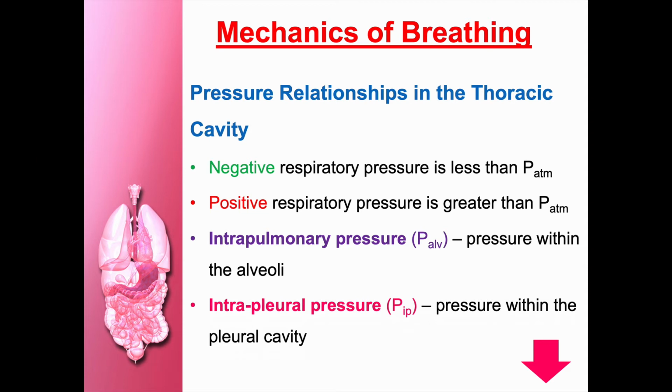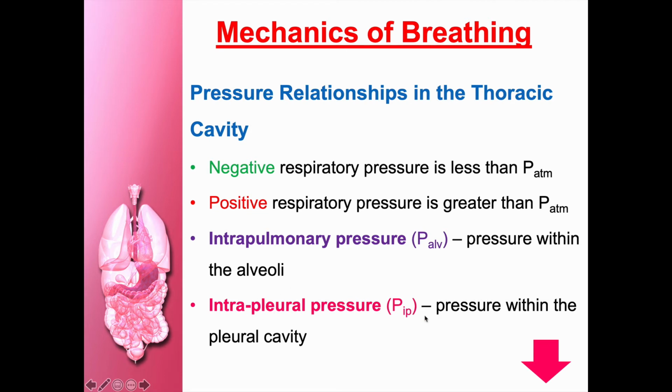Okay, now let us see the mechanism of breathing. Negative respiratory pressure is less than the atmospheric pressure, that is -4. Positive respiratory pressure is greater than the atmospheric pressure during the time of expiration. Intrapulmonary pressure is the alveolar pressure, the pressure inside the alveoli.